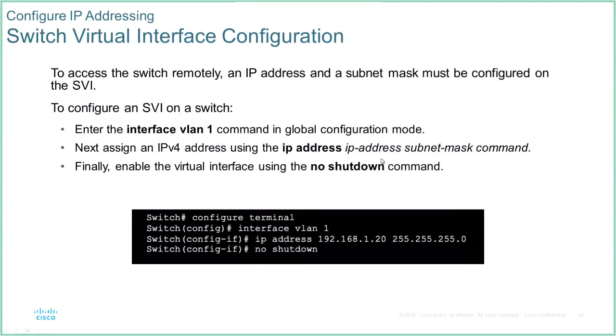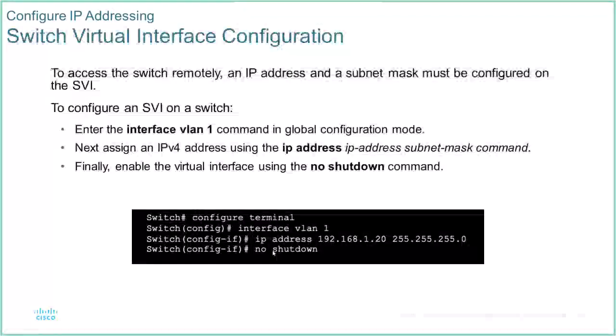So the no command. Let me explain the no command a little bit. In Cisco operating systems, you reverse a command by putting no in front of it. So the default command that is in place on interfaces, for example, is shutdown.